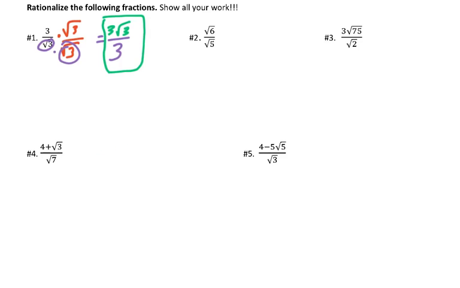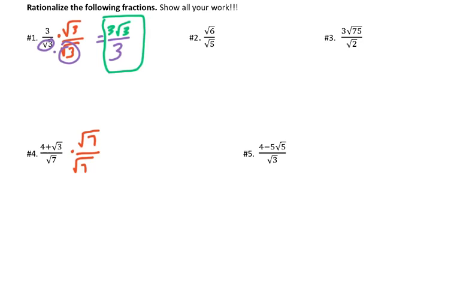We're going to distribute. So for this one, I'm going to multiply by a form of 1, and since the denominator is the square root of 7, that's what I'll be multiplying by. Don't get confused by a numerator that might have a square root as well, because the square root of 3 is not what we're looking for. Again, we're trying to fix the denominator, so go to that first as your choice.